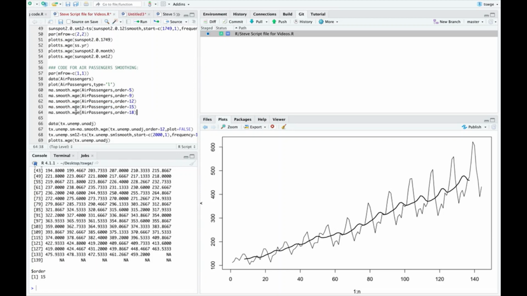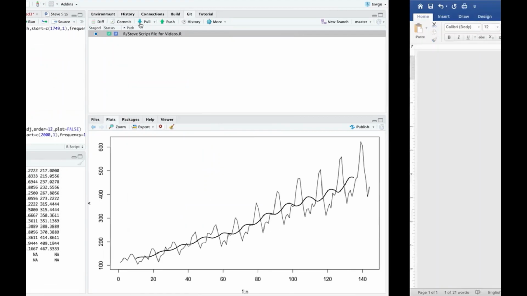Brings up another question. What happens if we go to order 18? You just get more of the same. So that's an interesting result, really neat, and it illustrates the idea of smoothing.